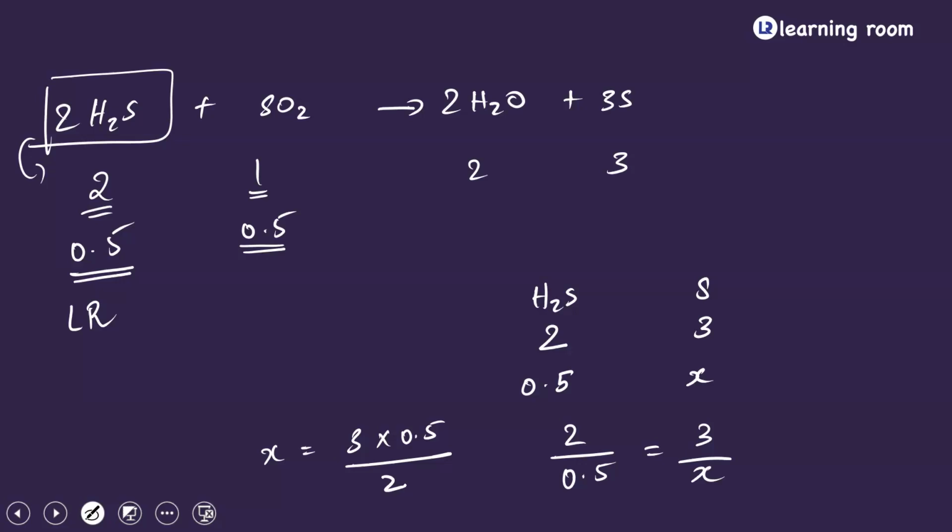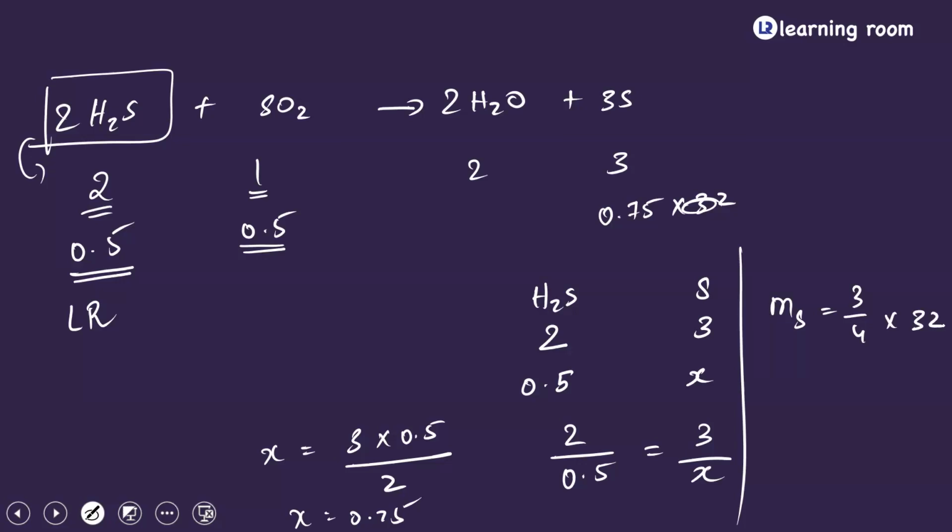The number of moles of sulfur formed is 0.75. So 0.75 into 32 will give the mass of sulfur. Mass of sulfur is 3 by 4 into 32.